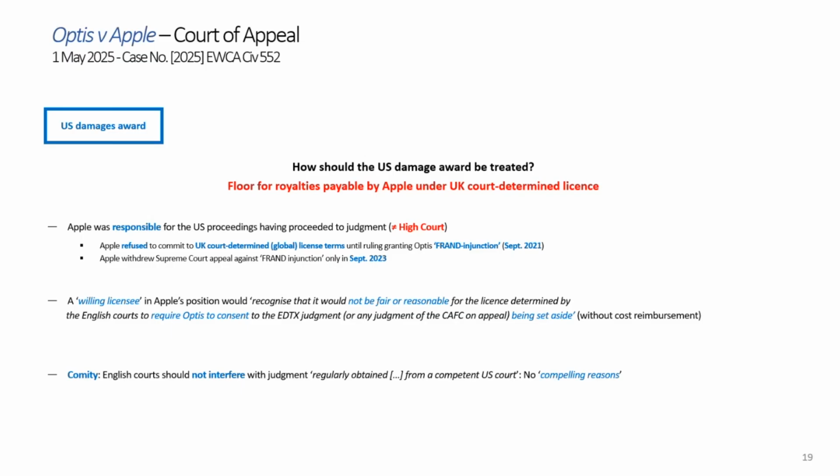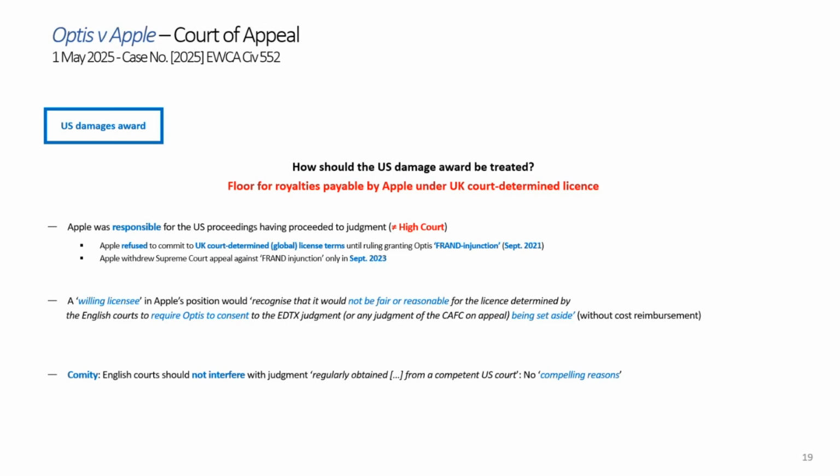The decision of the court here was very pragmatic in a sense that the court said this amount payable based on the US awards, it should be the floor for the royalties payable by Apple under the license that will be determined by the UK courts.